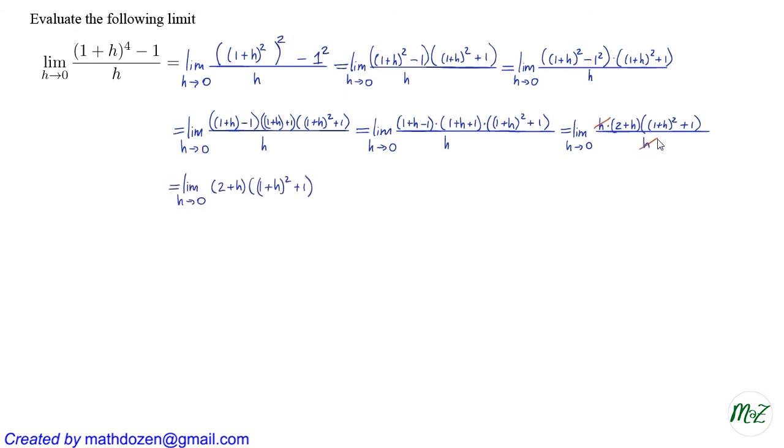So that denominator becomes just 1. And we really have the limit as h approaches 0 of expression 2 plus h times the expression 1 plus h squared plus 1. So now we can easily plug in h equals 0, and we end up having the limit to be 2 times 2, which is exactly positive 4.